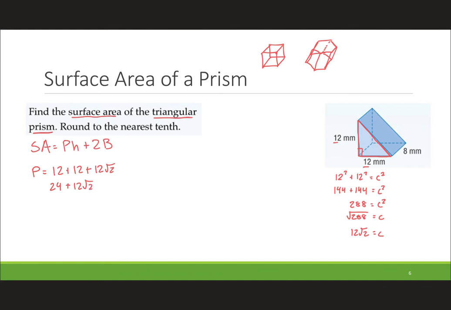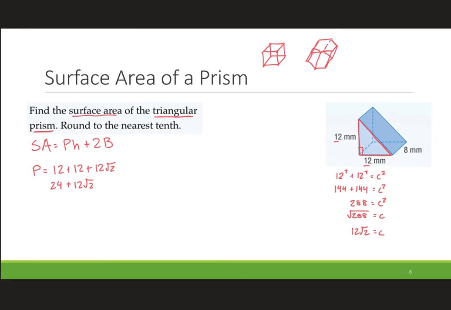Especially if you notice that the instructions say that we are going to round to the nearest tenth. So that makes it even better because we're going to be rounding this anyway. So I'm going to take this piece and I'm going to plug it in and find the rest of my lateral area, which is just the perimeter, so 24 plus 12 root 2 times the height. Now remember, this height is the height of the prism, okay? Not the height of the base.